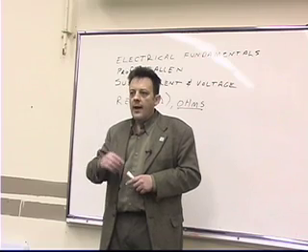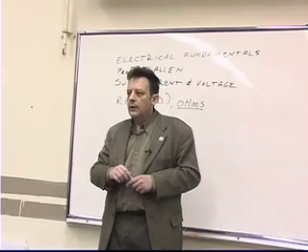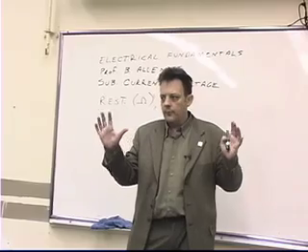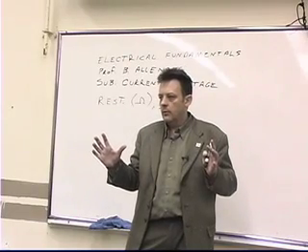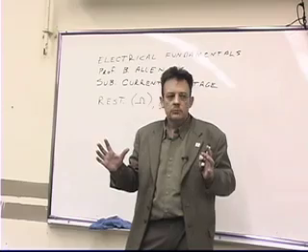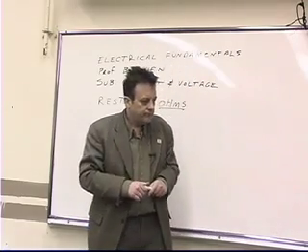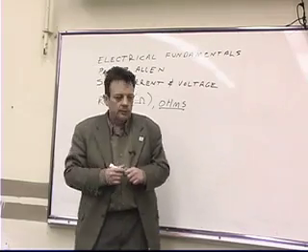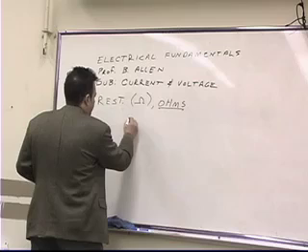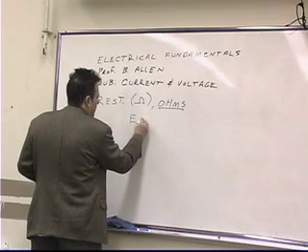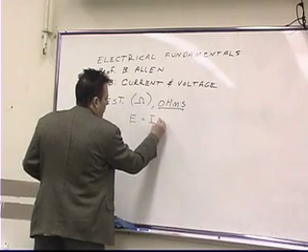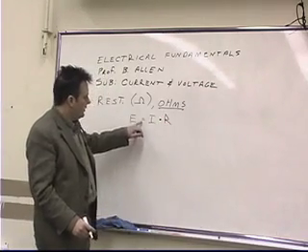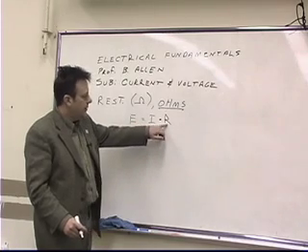And that opposition to current flow is something that we find in a great number of the formulas that we're going to deal with, starting with Ohm's law. The most popular formula from Ohm's law is E equals I multiplied by R. Voltage is equal to current times resistance.